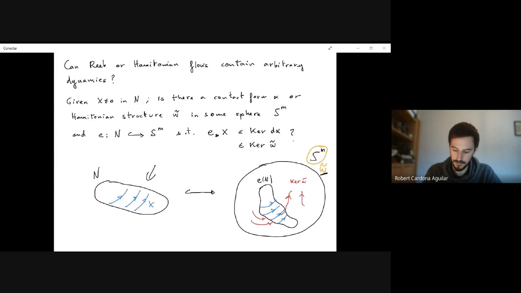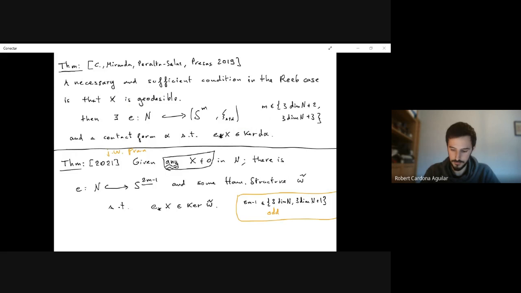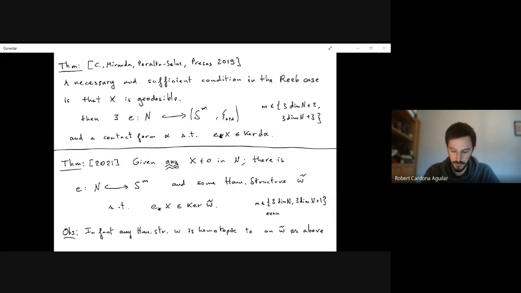So if the dimension of the sphere is at least 3 times, more or less, the dimension of N, you can find a Hamiltonian structure whose kernel becomes tangent to the embedding of N and coincides with X. Well, as I was saying, this is just one statement, but you can prove more things.